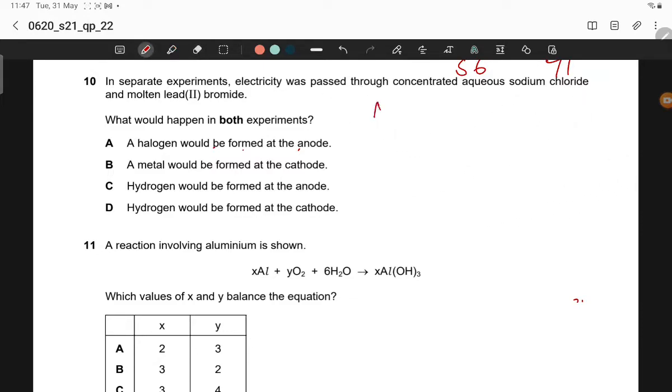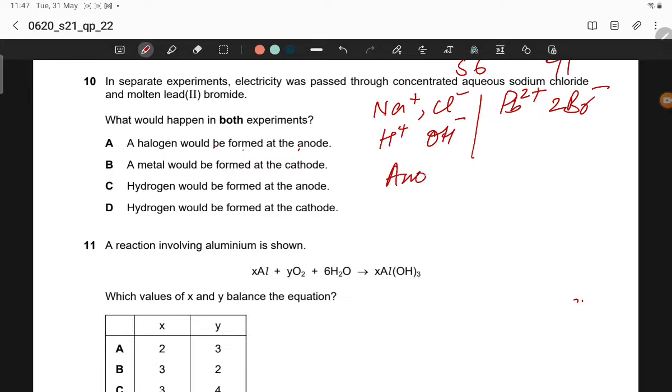Sodium chloride has sodium ion, chloride ion, and H positive and OH negative ions, while lead(II) bromide has Pb 2 positive and 2 Br negative.